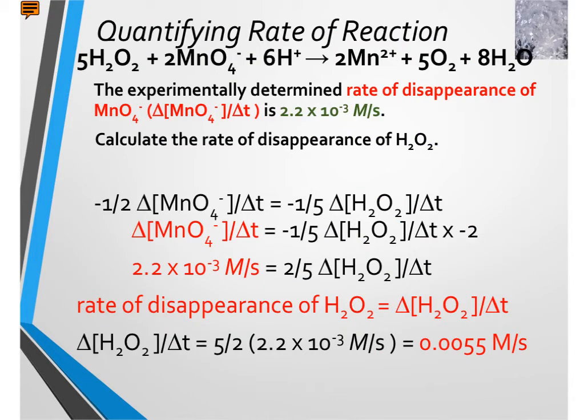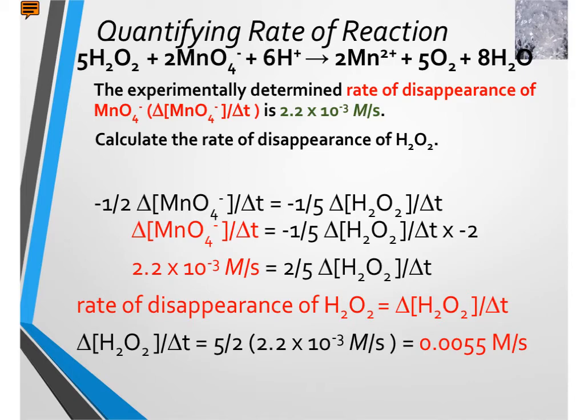Here's a sample problem. So this is what you should be expected to do after listening to this lecture. Number one, you should be given any balanced reaction and be able to write expressions for the rate of reaction with respect to any reactant or product.